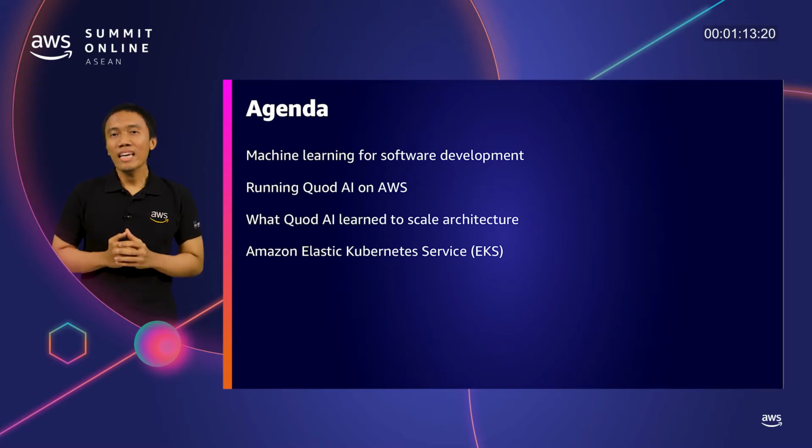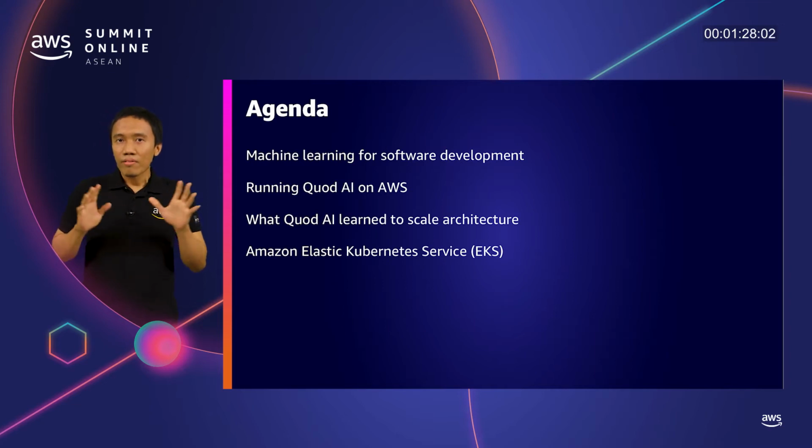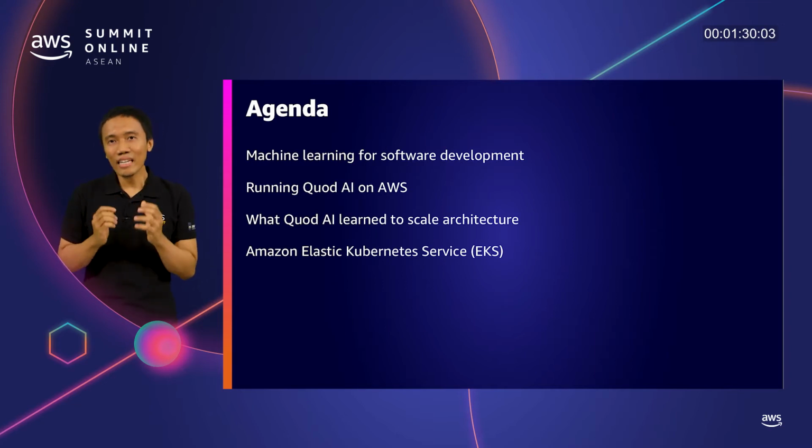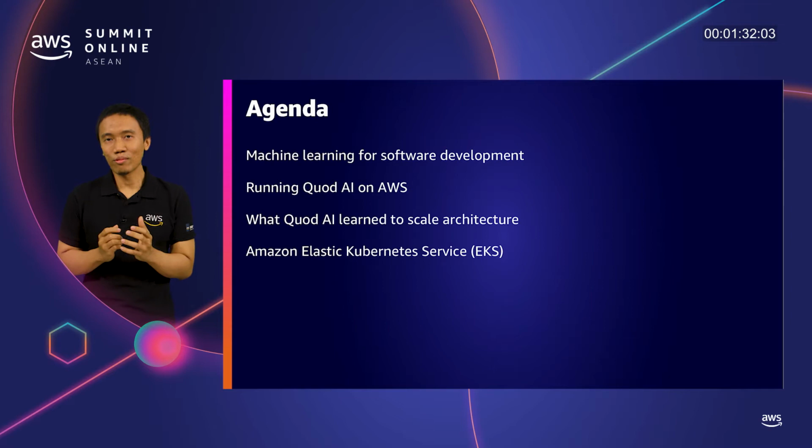We will also see how Quod AI runs its machine learning infrastructure on AWS, especially in EKS. Then we will see Quod AI's journey in scaling their architecture, followed with a demo. Finally, we will see the Kubernetes ecosystem that EKS integrates with and what offerings are there.